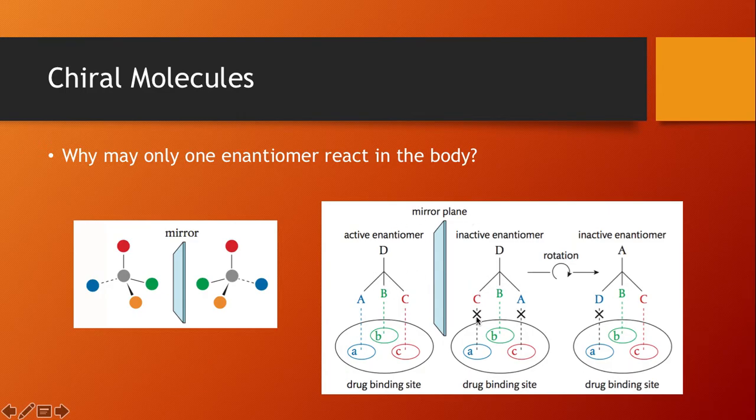And now they do not line up, right? B to B lines up, but not C and A. So therefore, this is an inactive enantiomer. It will not react with the drug binding site. Even if you rotate it in a certain way, it still won't line up perfectly. So it's very important that we get the active enantiomer for the drugs that we're trying to create.